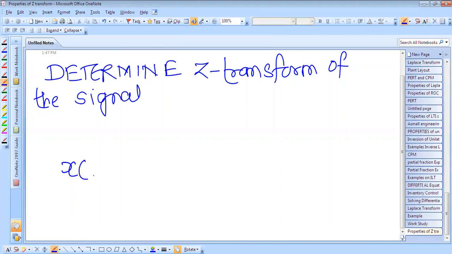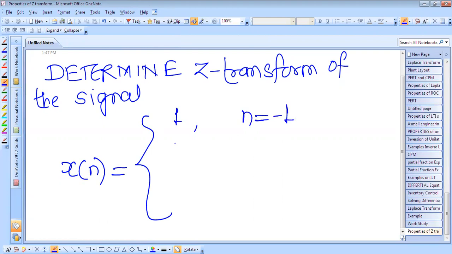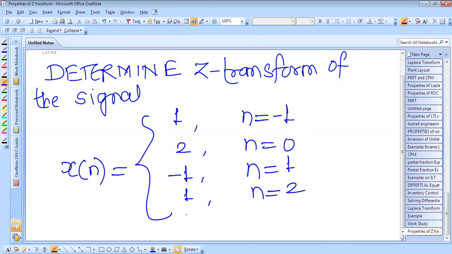x of n is equal to 1 for n is equal to -1, and x of n is 2 for n is equal to 0, and x of n is -1 for n is equal to 1, and this is 1 for n is equal to 2, and this is 0 otherwise.